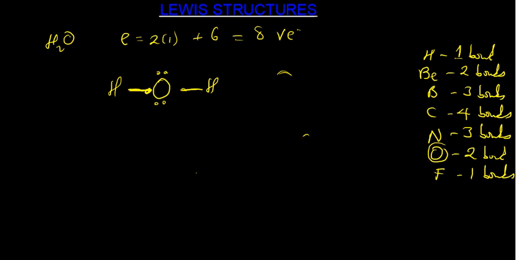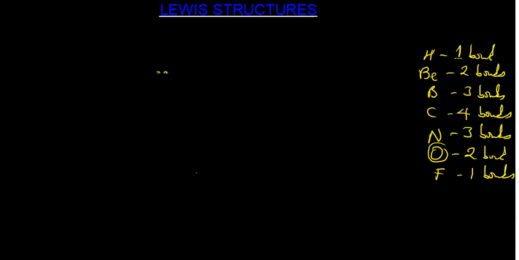Okay. So let's talk about another compound. Maybe we can go to some compounds which are exceptions to the octet. So there are some compounds which do not obey the octet rule.